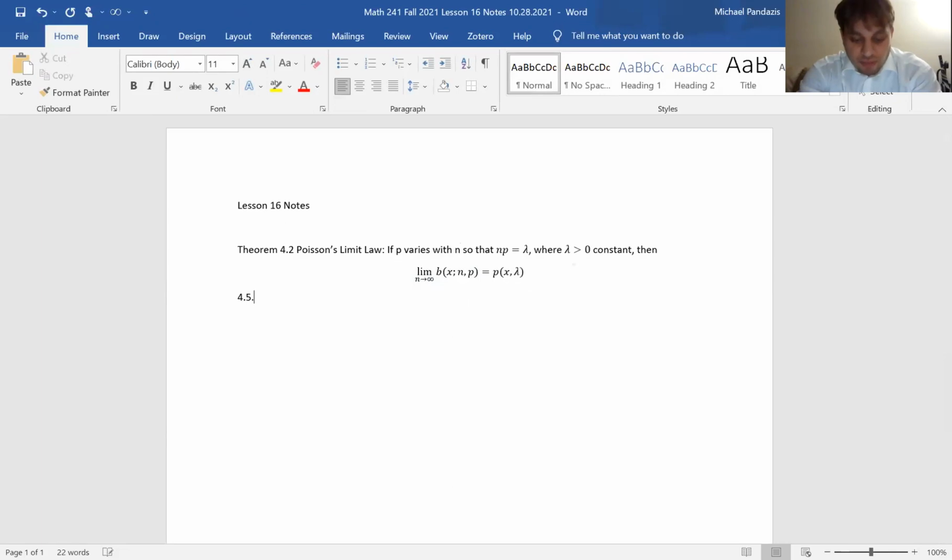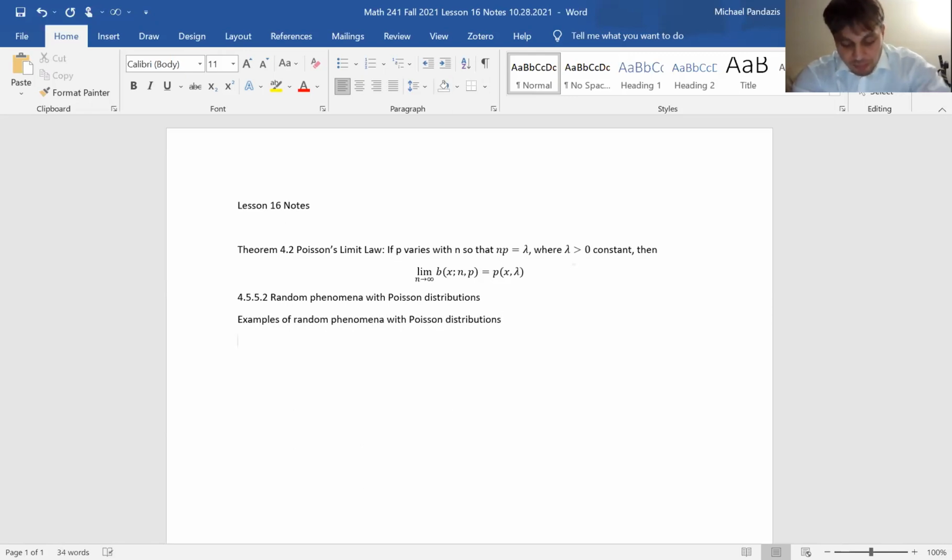Okay, so this is section 4.5.2, which is on random phenomena with Poisson distributions. These are examples of random phenomena with Poisson distributions. Some of them are a little weird.